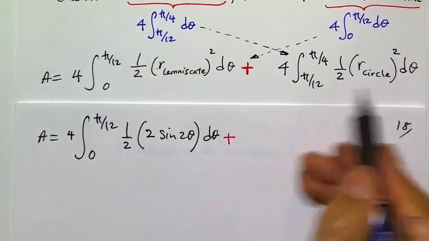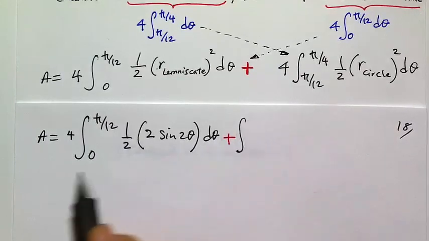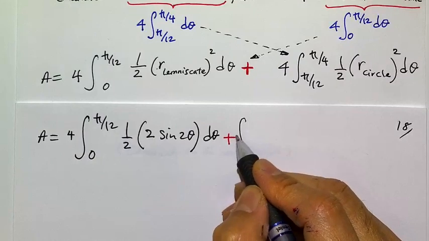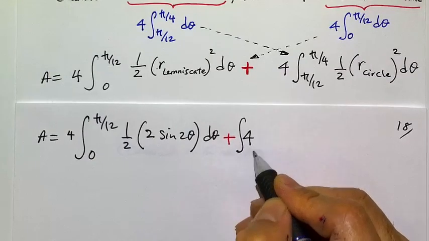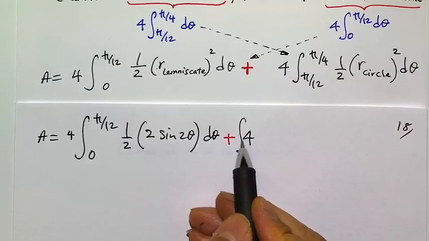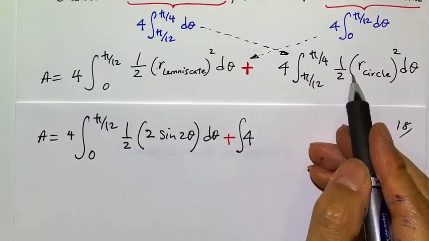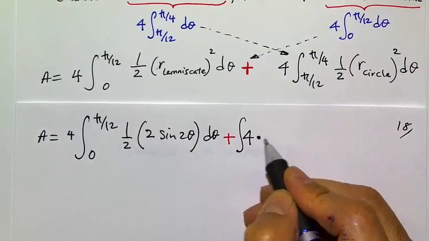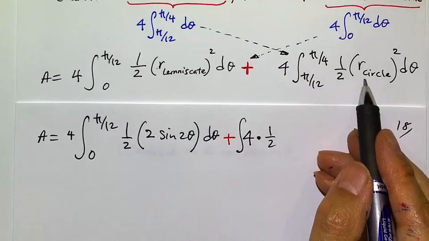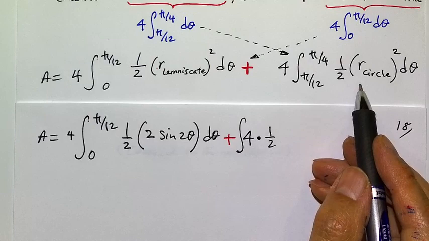the other piece, which involves the circle. I forgot to put the 4 in front. So let me put it here. 4 times, right? This 4 should have been in front. So 4 times 1/2, and then the polar equation for the circle was r equals 1.